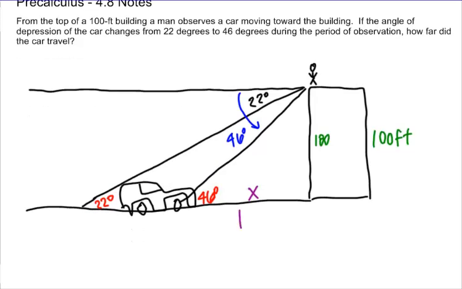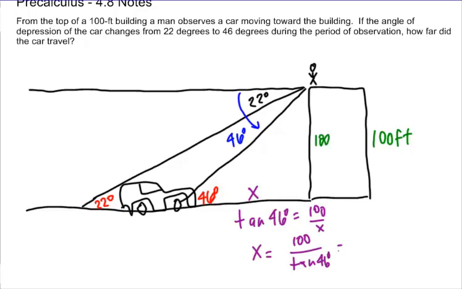So the tangent of 46 degrees is equal to the opposite over the adjacent. And get your x all by itself. You can do that any way you want to, but you're going to end up with x equals 100 divided by the tangent of 46 degrees.